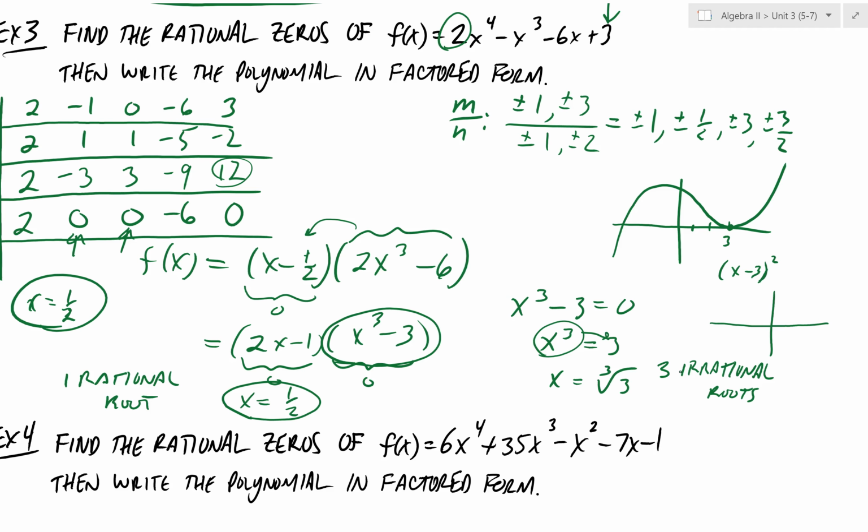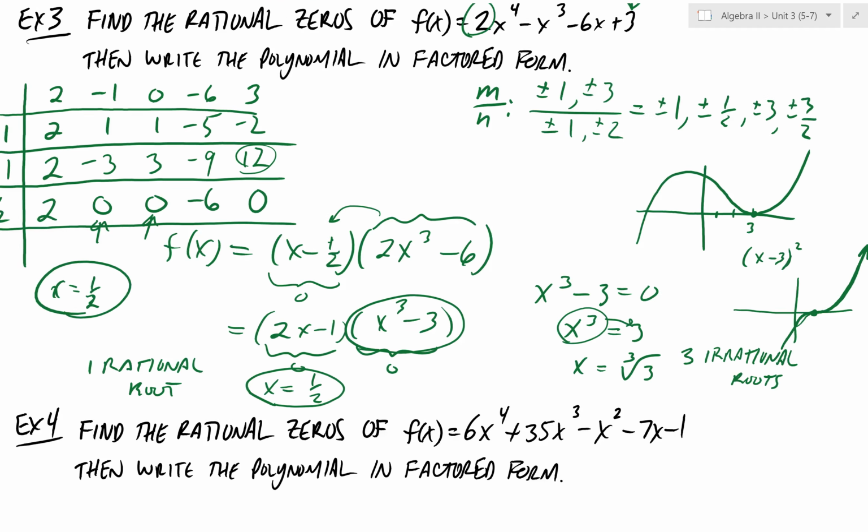So at the cube root of 3, if the cube root of 3 was right here, this graph would cross at a very flat angle. So it might look something like this. It would come up and go flat, cross at the cube root of 3, and then continue on up. So a repeated root with an odd power gets very flat, whereas a repeated root with an even power bounces off of the axis. Okay, that's just extra information that you don't really need to answer this question.